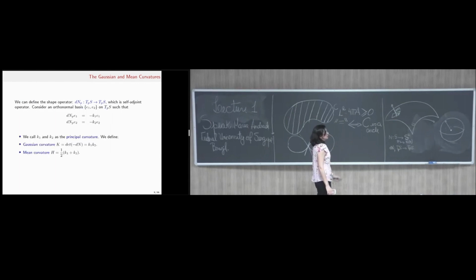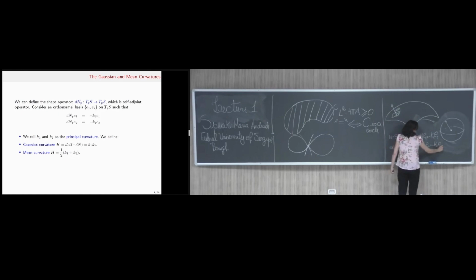And you can consider an orthonormal basis that you can define at each point, minus kappa 1 L1, and this operating on the other vector gives minus kappa 2 L2. What does this mean?